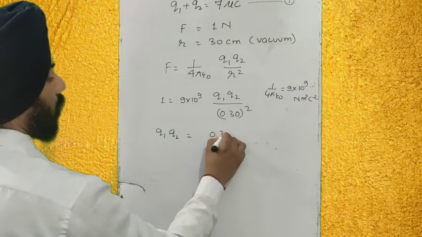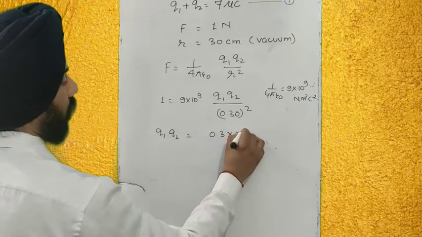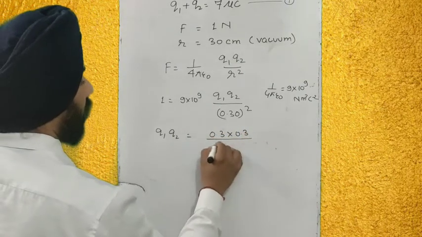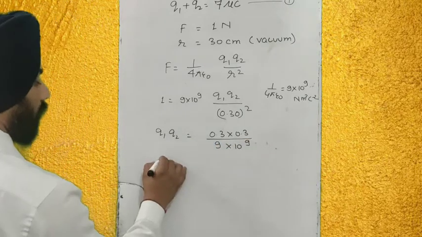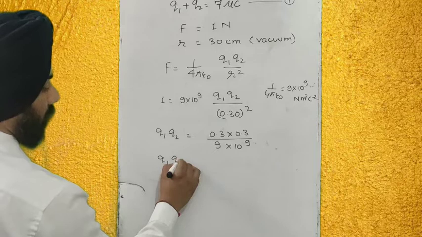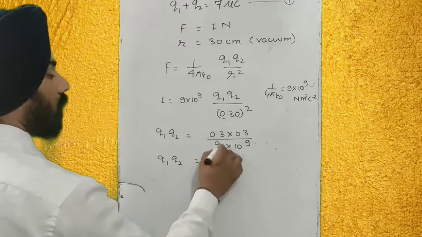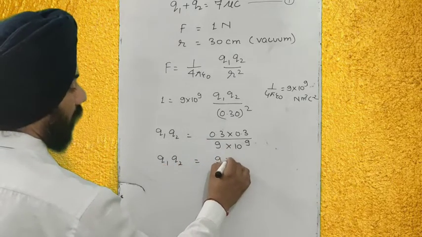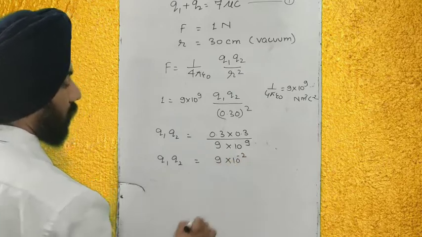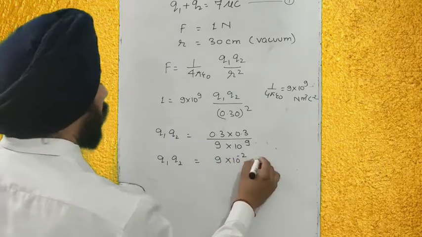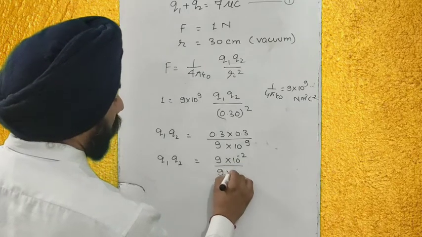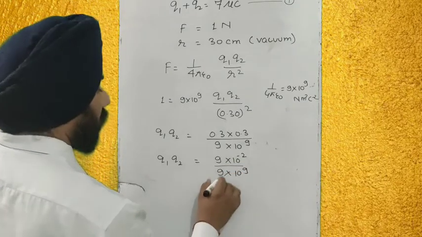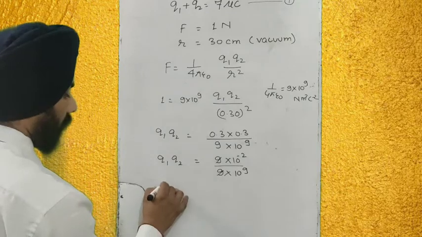So what will be the value of Q1 Q2? That will be 0.3 into 0.3 divided by 9 into 10 to the power 9. It can be written as Q1 into Q2, 3 3 are 9, and it can be written as 10 to the power -2, upon 9 into 10 to the power 9. 9 and 9 cancel out.